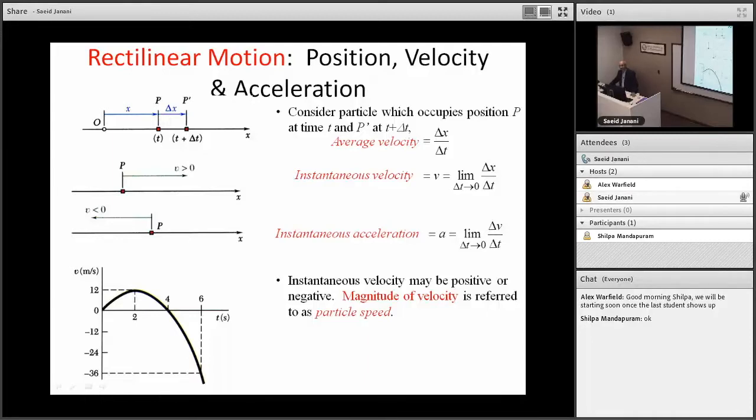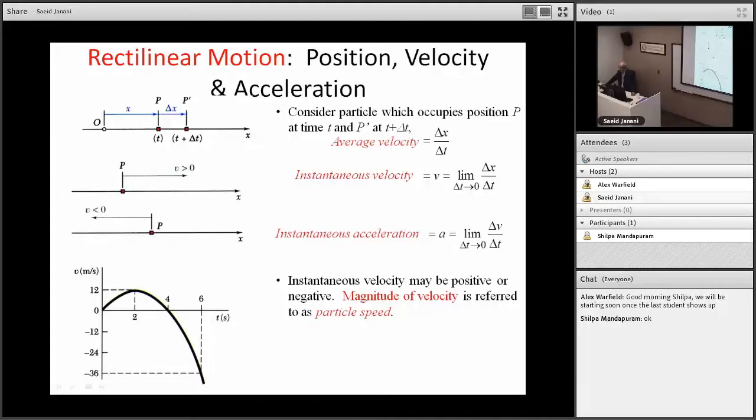Basically, the derivative of distance is velocity. Instantaneous velocity is delta x over delta t, the limit of that as delta t goes to 0, then we have velocity.